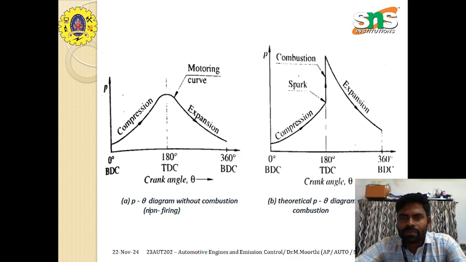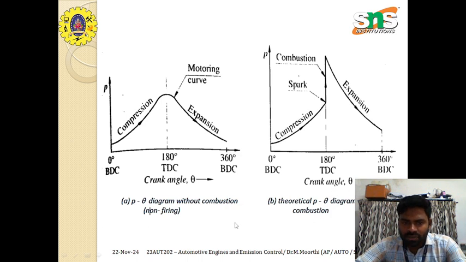Once the spark is applied, the combustion process takes place and the pressure increases. It rises to the maximum pressure attained during the combustion process, when the entire fuel is burned completely. Then the expansion stroke starts, the pressure is released, and gradually the pressure goes down.